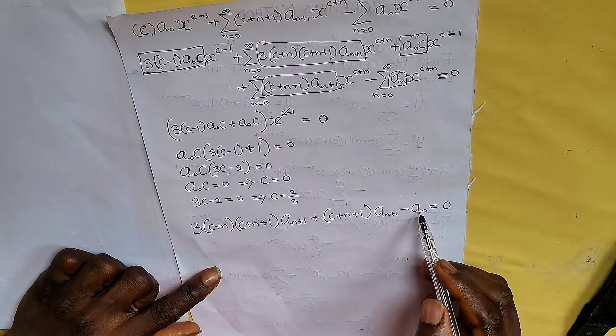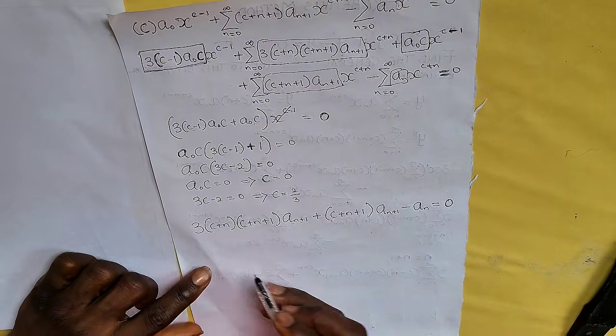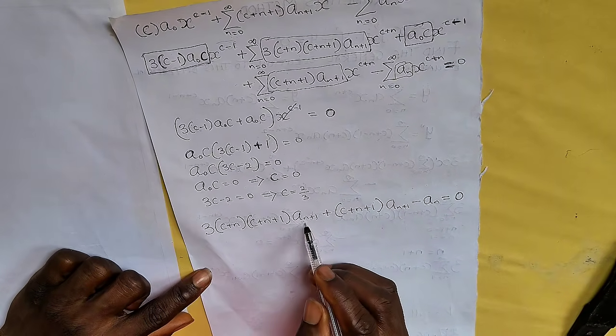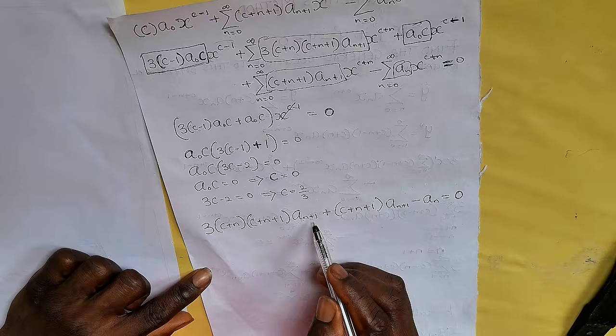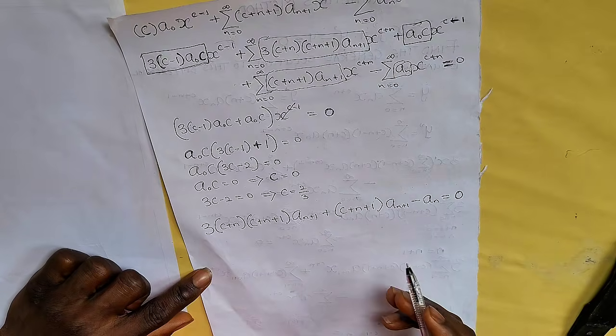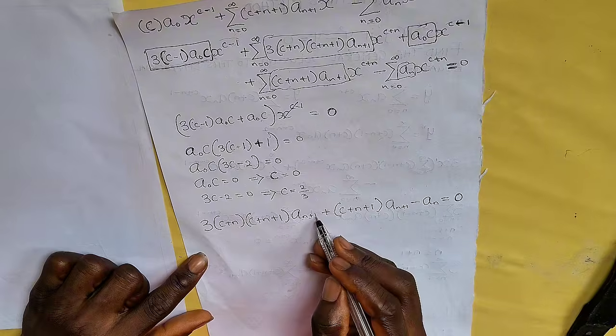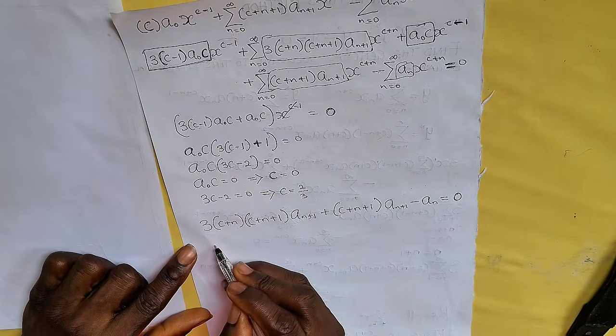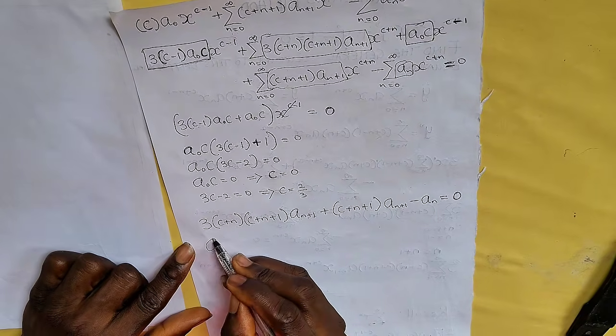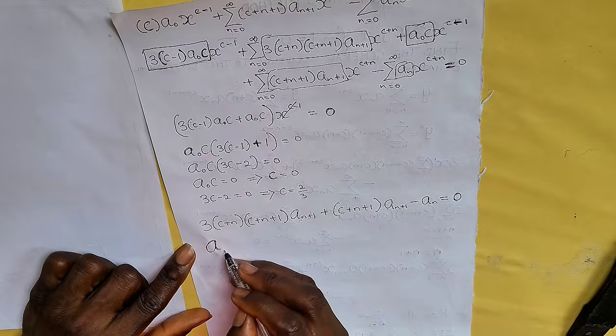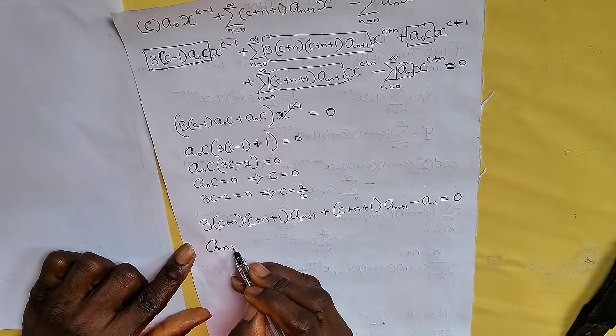So I can move this to the other side, and I want to make a n plus 1 the subject of the formula. I'm going to do that at the same time as I'm taking this to the other side. So a n plus 1.